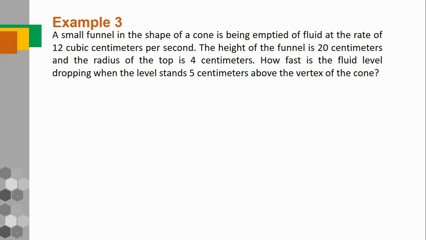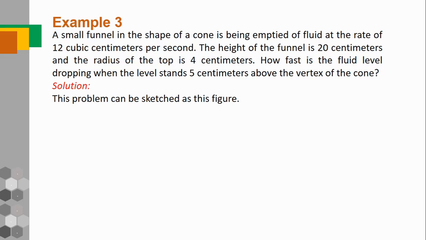a small funnel in the shape of a cone is being emptied of fluid at the rate of 12 cubic centimeters per second. The height of the funnel is 20 centimeters and the radius of the top is 4 centimeters. How fast is the fluid level dropping when the level stands 5 centimeters above the vertex of the cone?